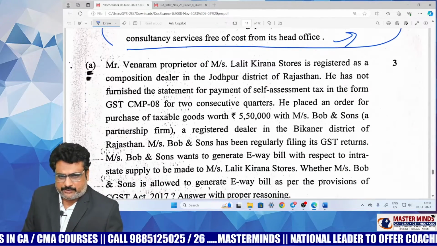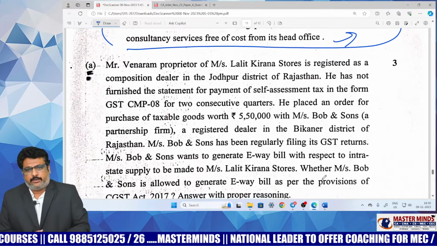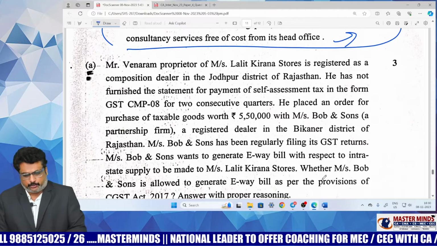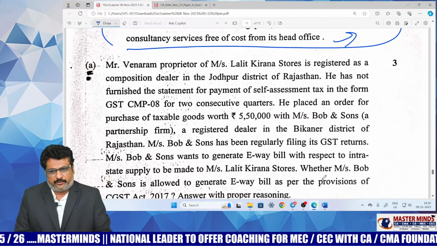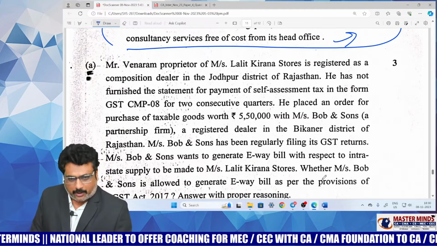And this is the next one, ma'am. Mr. Vendram, proprietor of Lalit Kirana Stores, is registered as a composition dealer in Jodhpur district. He has not furnished the statement for the payment of self-assessment, that is CMP 08, for continuous 2 quarters.